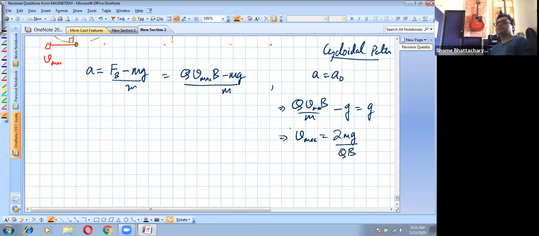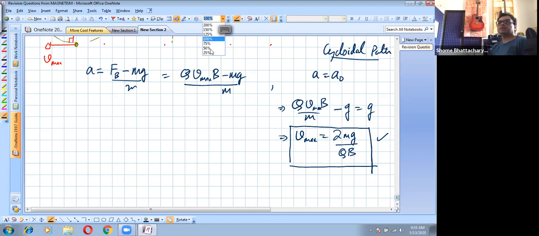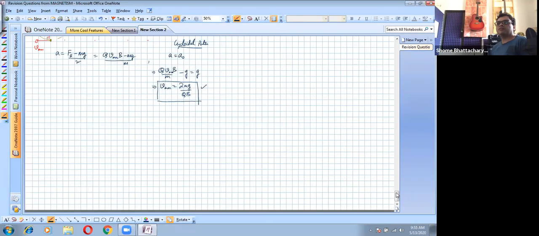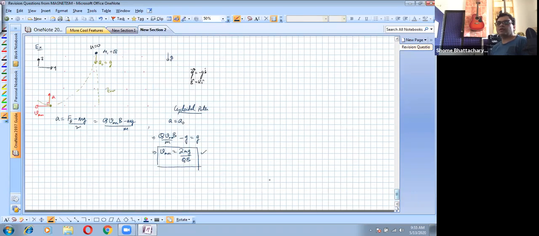So if you just replace the electrostatic force qE with gravitational force mg, you understand that this is your maximum speed. So that's one part done of the equation. And the other part, the value of maximum displacement along the gravity or maximum vertical displacement, we get by work energy.